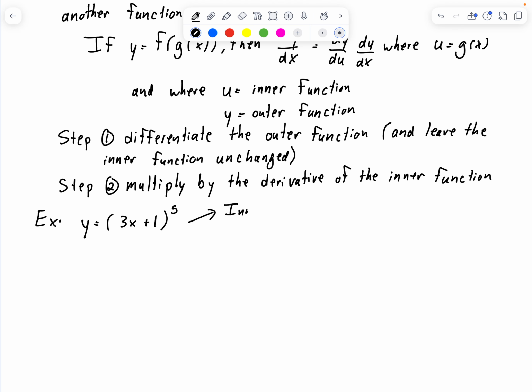Our inner function is u equals 3x plus 1. And our outer function is y equals u raised to the fifth.